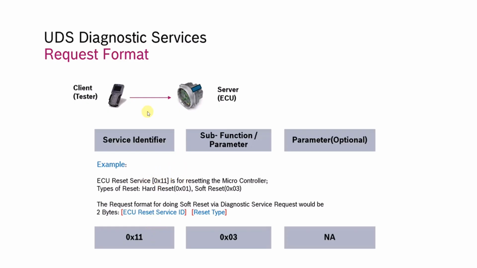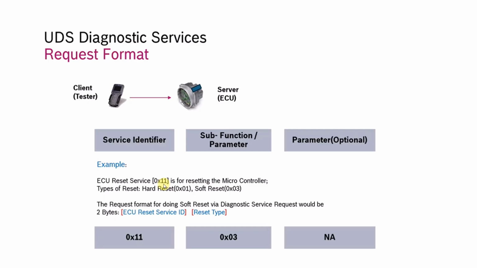It is only the tester requesting something for reset, and it is followed by a subfunction or parameter. The subfunction says what you have to do in turn. Reset is okay, but what type of reset do you have to do? Some set of functions will be there. To get a specific task done, we need to mention the subfunction.